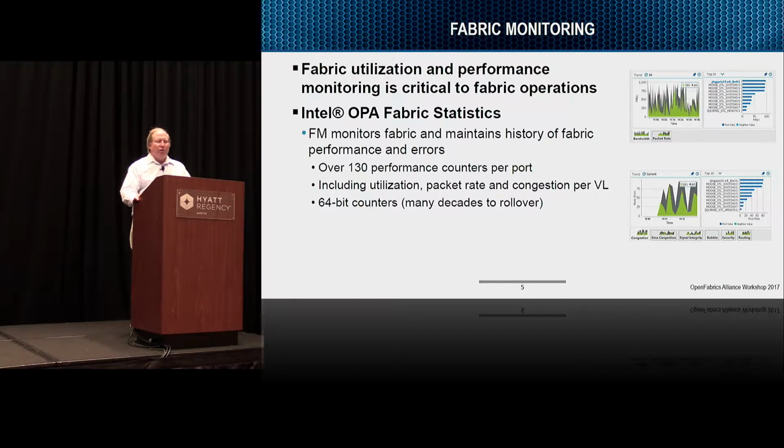If you do the math, even at 100 gig speeds, it's going to take on the order of 50 to 100 years before these counters will overflow. So that means that they're not going to overflow in a couple of seconds, and we won't be losing information. It also means we don't have the overhead of needing to clear them periodically, which also is a risk of losing information.